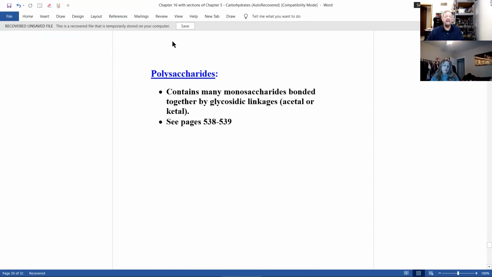Now, when you link a lot of glucose molecules, monosaccharides, together, and it's called a glycosidic linkage, which I'll never ask on a test, the acetal or ketal form, we form polysaccharides, otherwise known as starches.